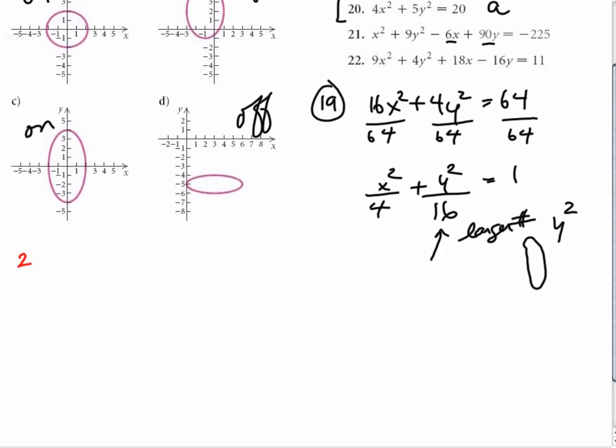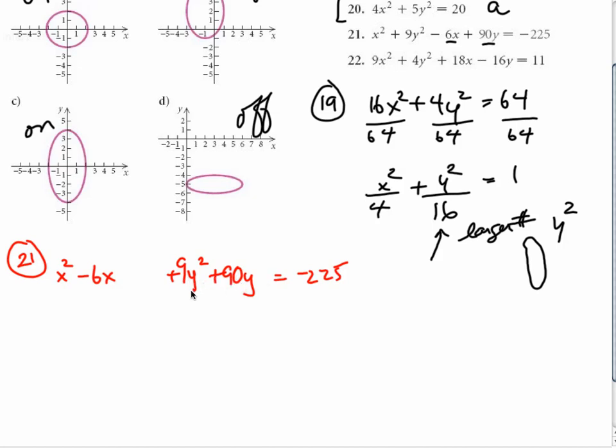So 21 has x squared, let's get them in the right order: x squared minus 6x plus 9y squared plus 90y equals minus 225.